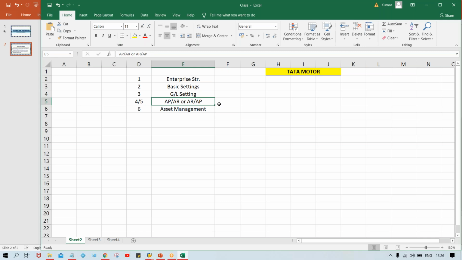Now, terms of payment, as I told, is going to be used for vendors and for customers also. Sometimes, if somebody covers account receivable first and account payable later, then in AR itself they cover terms of payment.